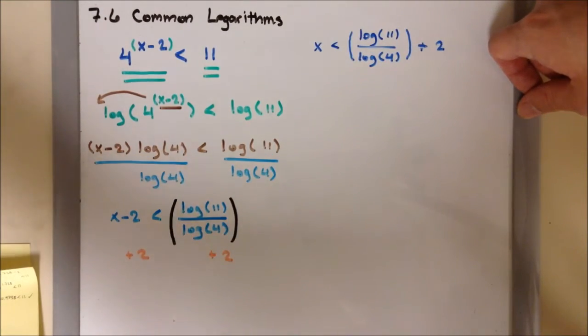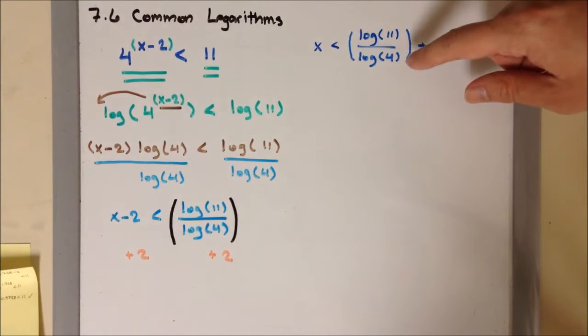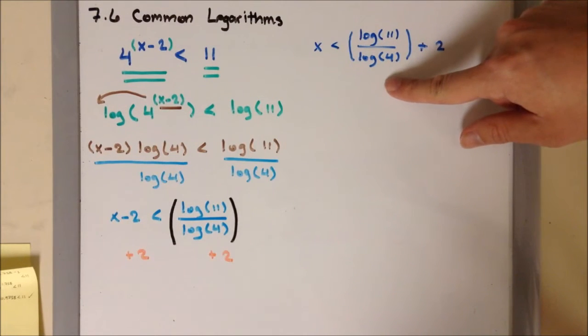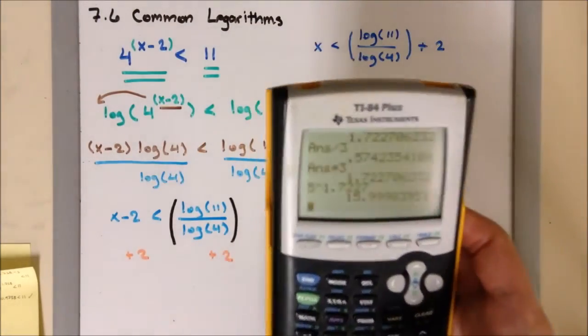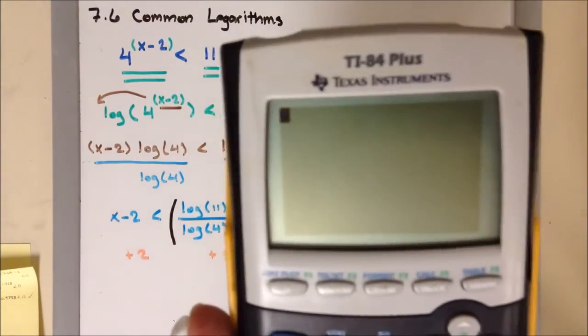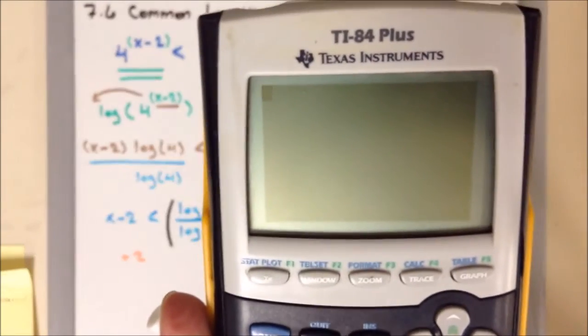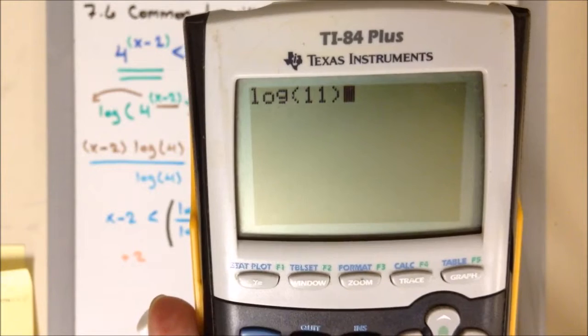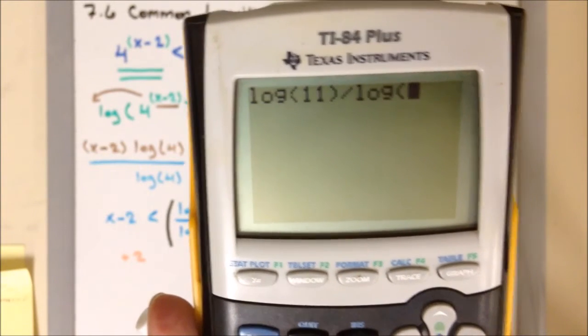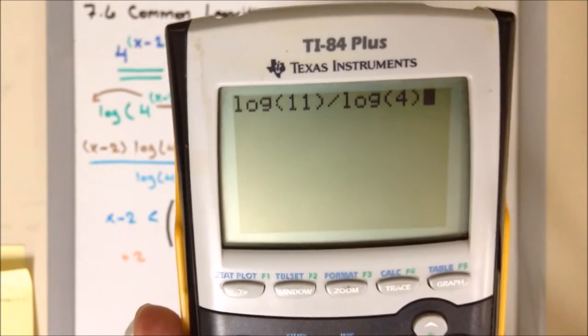So from here, when you evaluate log of 11 over log 4, working with scientific calculators, I'm going to hit log of 11 close parenthesis divided by log of 4 close parenthesis.